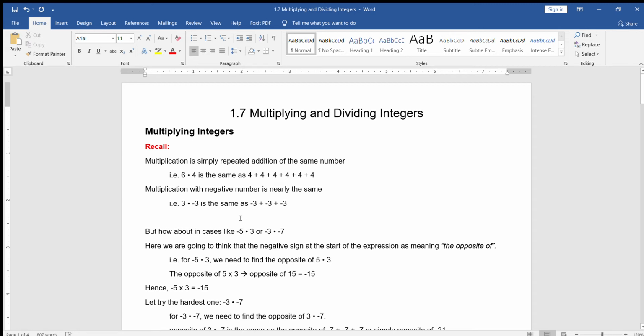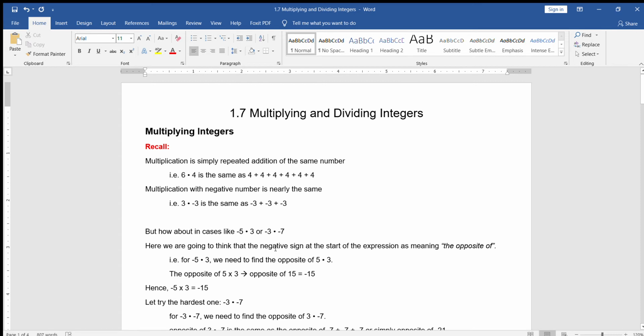But do you remember that the negative sign at the start can be read as the opposite of? Well, that's what we're going to do. We're going to interpret the negative sign at the start of the expression, in this case this negative and this negative, as the opposite of. For negative 5 times 3, we're going to find the opposite of 5 times 3. Hopefully that makes sense.